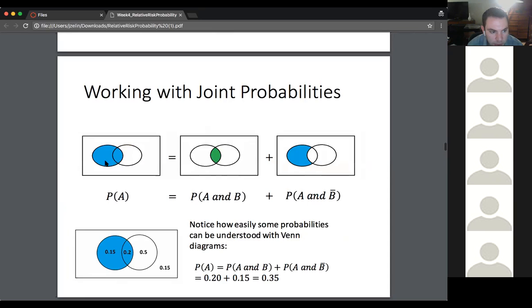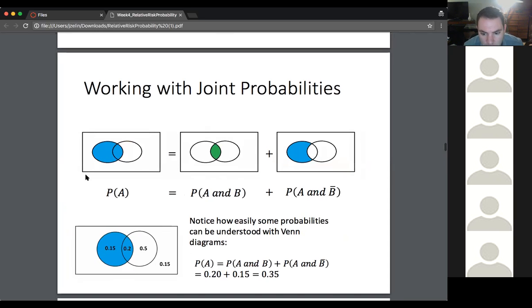So if we add these two up, we'll get the entire probability of A. And we can look at this with the Venn diagram here to show that the probability of A here is 0.35, which is 0.2 plus 0.15.